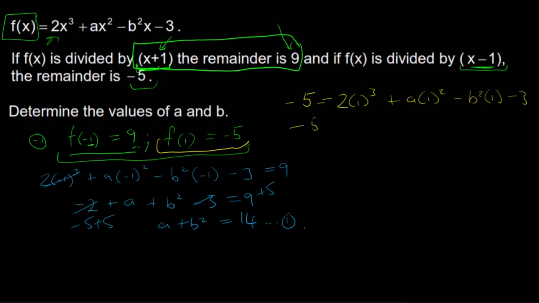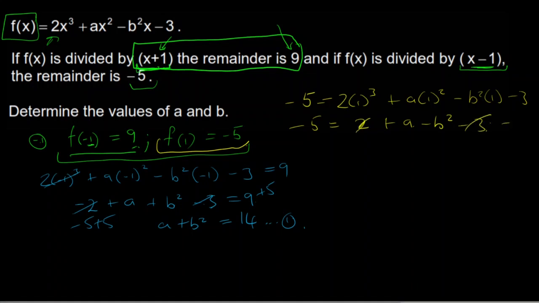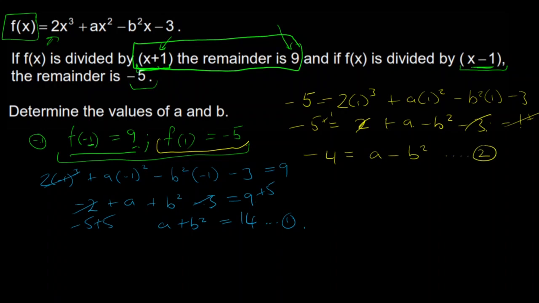So -5 is equal to, well, that's 2 plus a, so it becomes minus b squared, and we'll have -3. 2 and -3 is -1, and then we want to add 1 on both sides. That zeroes out, it's 1. So -4 is equal to a minus b squared, and we'll call that equation 2. That's our label.